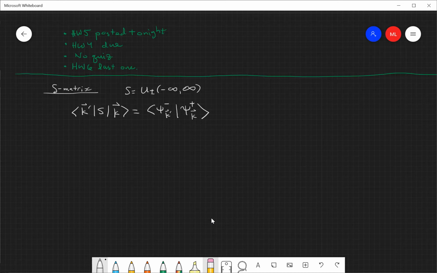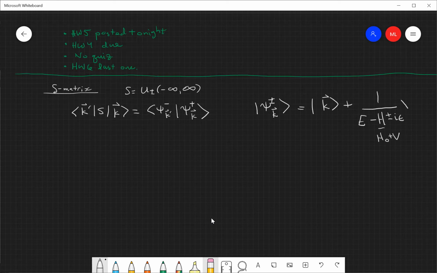Last time we left off, we argued that these scattering solutions, the incoming and outgoing ones, are given by the incoming plane wave plus a Green's function that doesn't invert just the kinetic energy alone, but also the scattering part. So this is the full Hamiltonian, not just the kinetic energy.